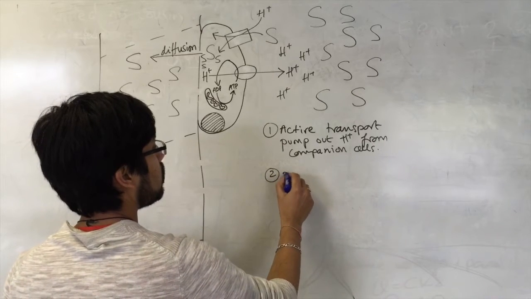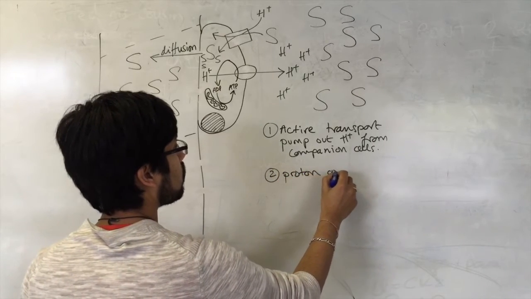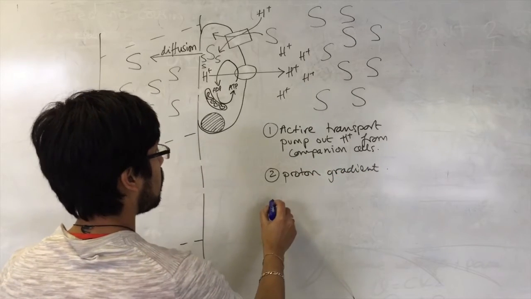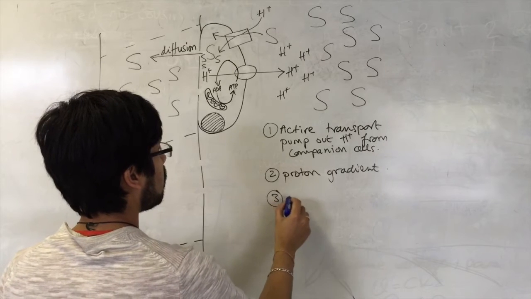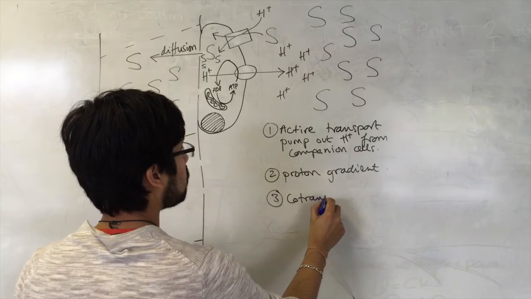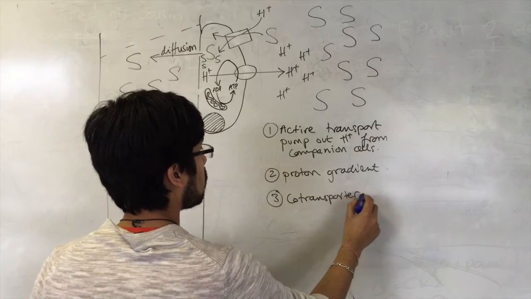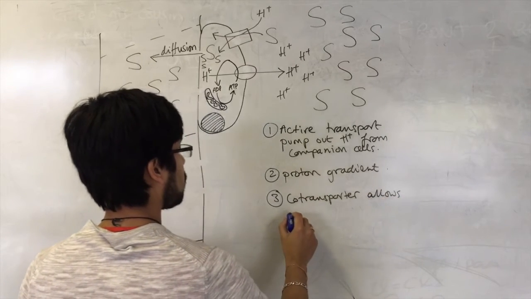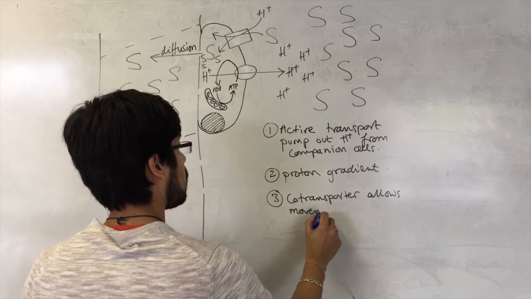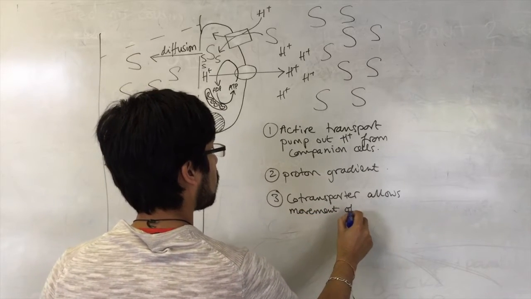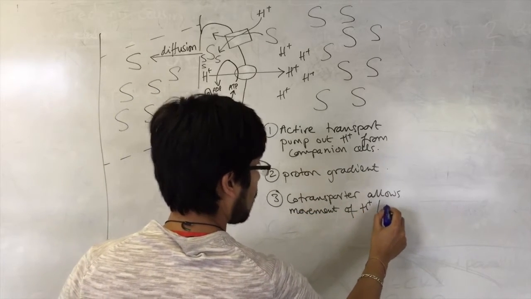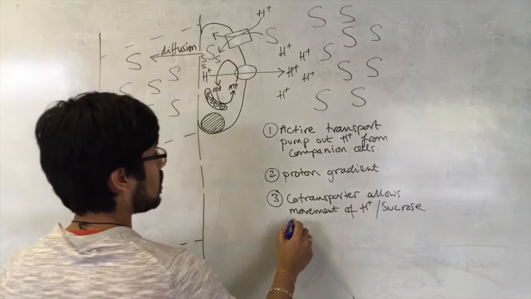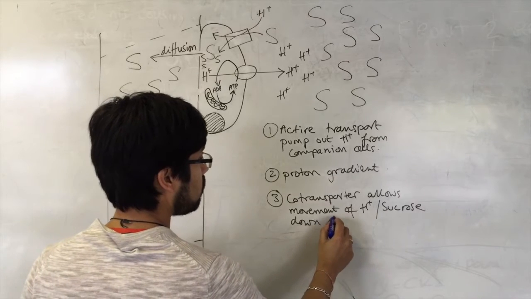Okay, you generate a proton gradient, and 3, the cotransporter allows movement of H+ and sucrose down their concentration gradients or down diffusion gradients.